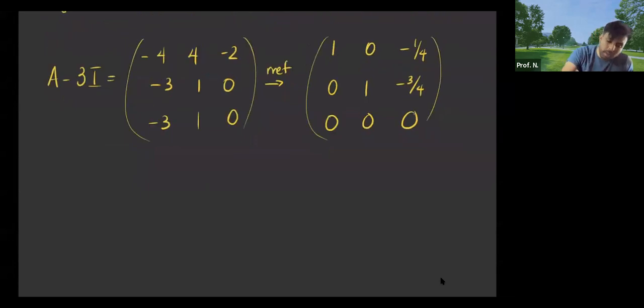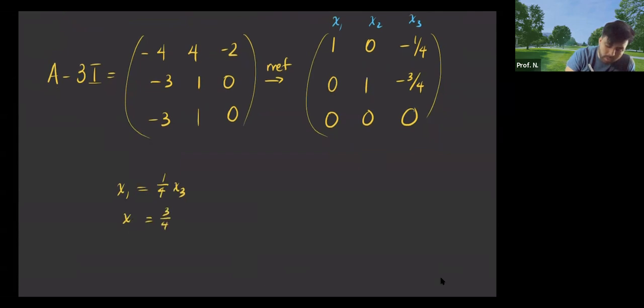So from here, again, I get the x1, x2, x3 going on here. From this information, I get that x1 is equal to 1/4 x3. X2 is equal to 3/4 x3. And then x3 equals x3, or I can just write it as t. So this equals 3/4 t, and this equals 1/4 t.